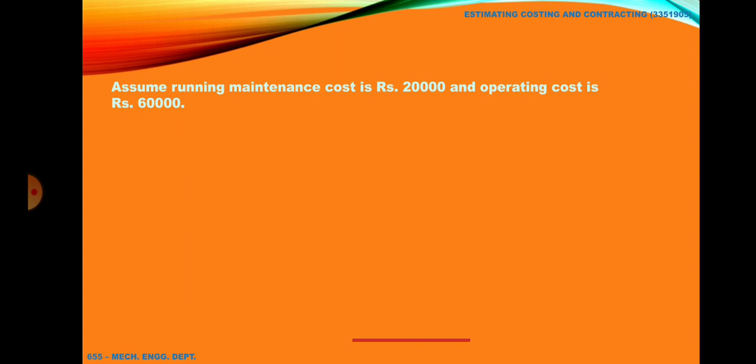Same way, assume running maintenance cost is rupees 20,000 and operating cost is rupees 60,000. So total variable cost equals fuel cost plus lubricating oil cost plus running operating cost plus running maintenance cost.